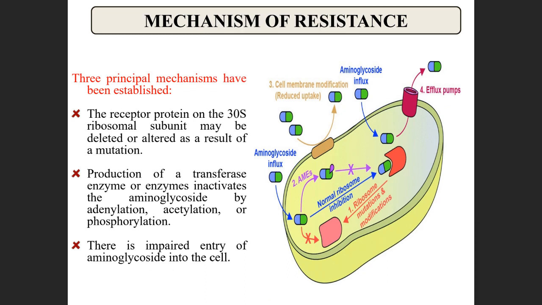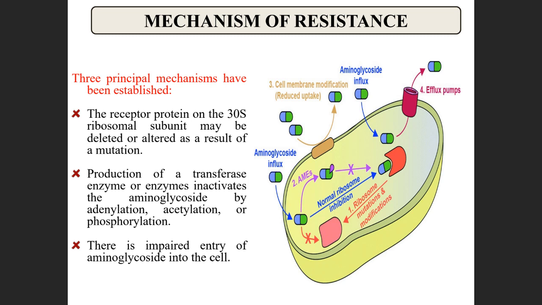And there are different ways a person can get resistance to this aminoglycoside. How does the bacteria get resistance to the aminoglycoside? The principal mechanisms that have been established are that the receptor protein of the 30S subunit of the ribosome may be deleted or altered as a result of mutation.